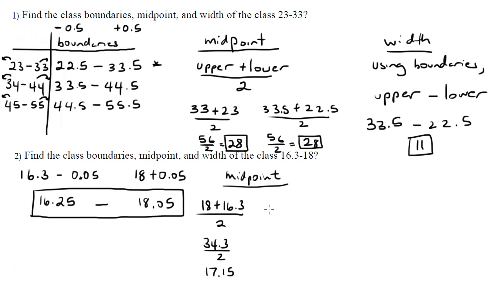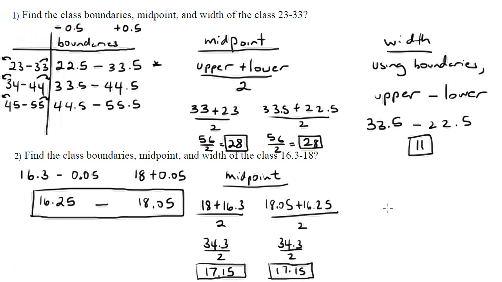If I use the boundaries, 18.05 plus 16.25 divided by 2, that's still 34.3 over 2, which is 17.15. There's my midpoint.